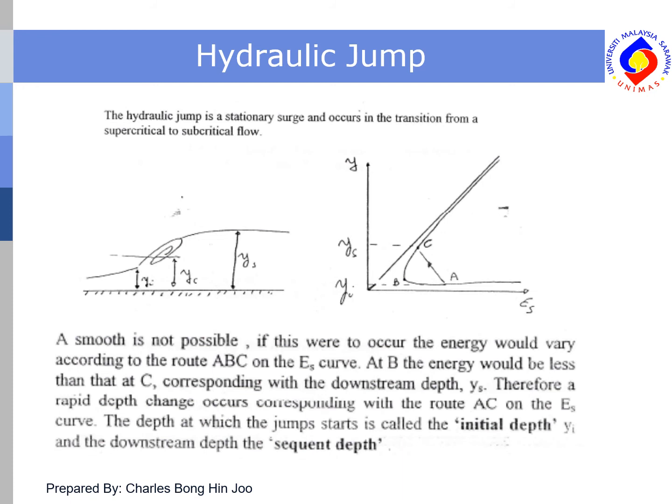In terms of the energy, as we can see from the figure on the right hand side, a smooth transition is not possible during the jump, because if this were to occur, the energy would vary along the curve from A, which is at the initial depth, then move to B, then move to C. At B, the energy would be less than at C, corresponding to the downstream depth, which is the sequent depth.